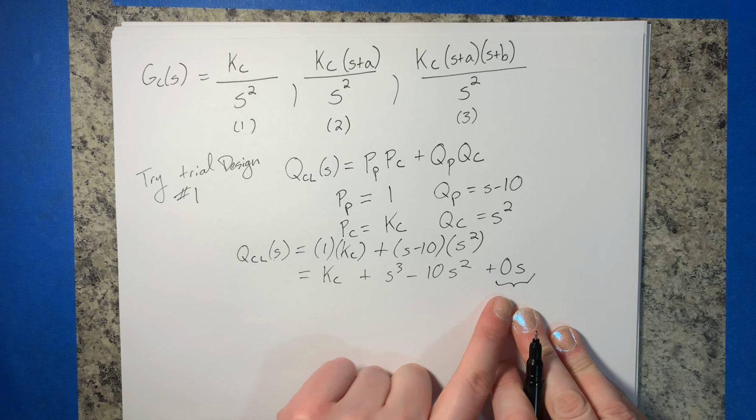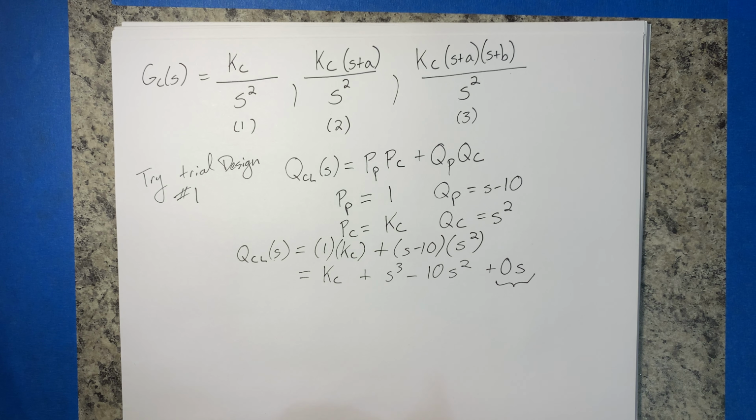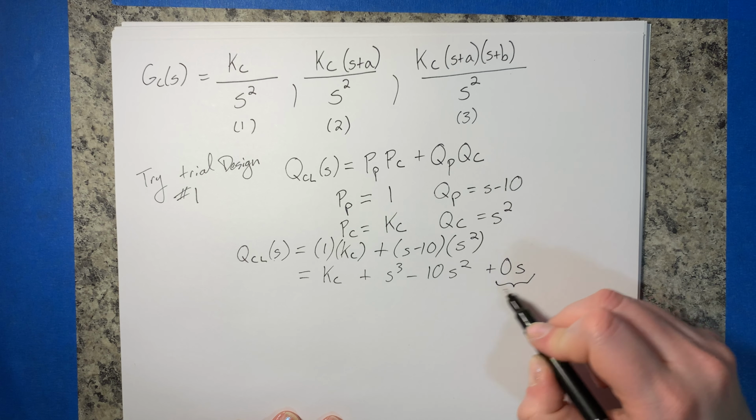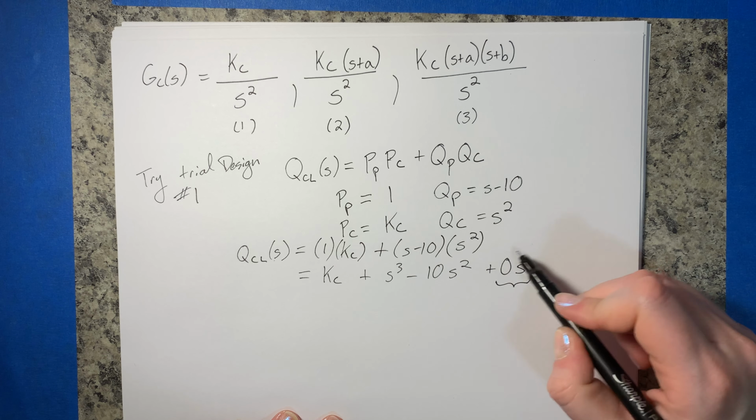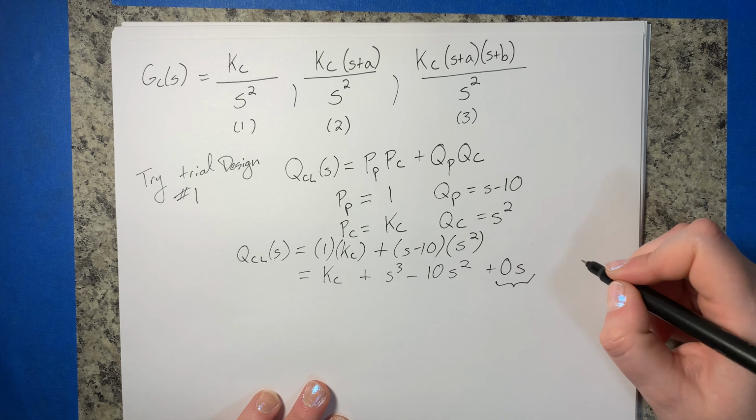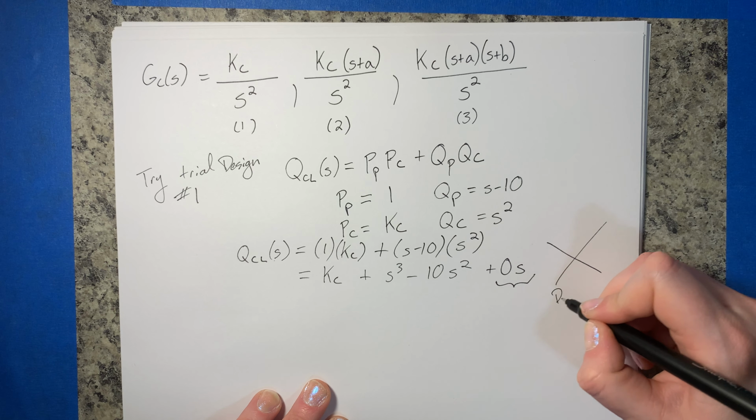So there's one clue that we cannot guarantee the stability here. Even if this were a positive 10, it's negative, so that's another reason this can't work. But even if that were positive, this term is still missing, so this design does not work.